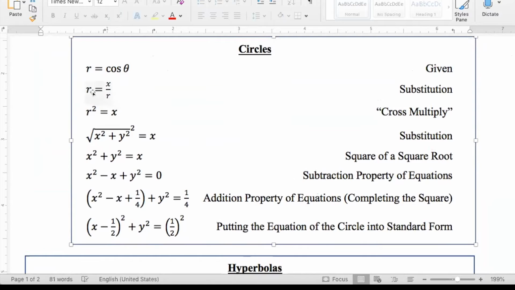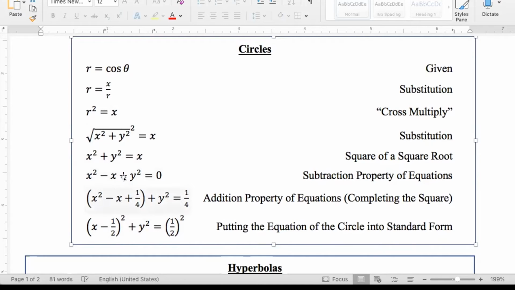Then I multiplied both sides by r and got r squared is equal to x. r squared is actually the square root of x squared plus y squared, squared. Well, those are inverse operations, so you just get x squared plus y squared is equal to x. Subtract x from both sides, and you get x squared minus x plus y squared is equal to 0.